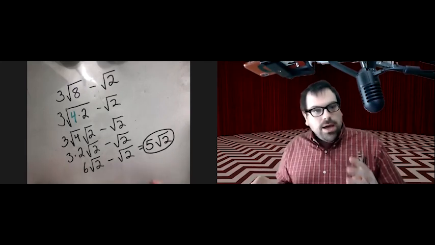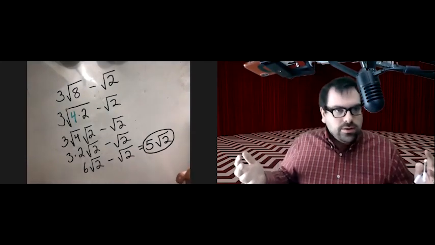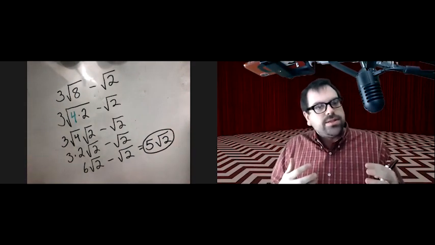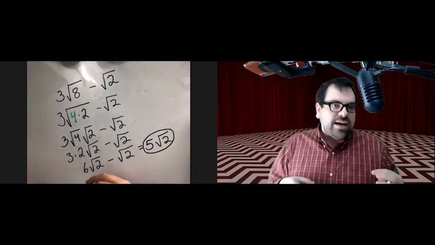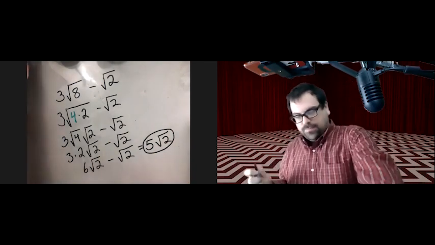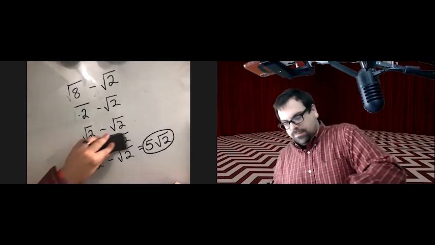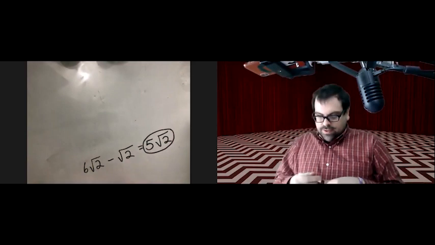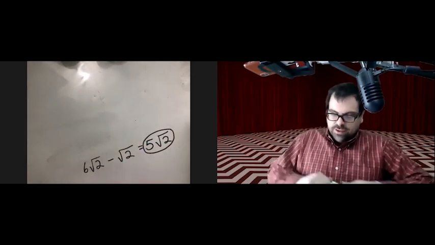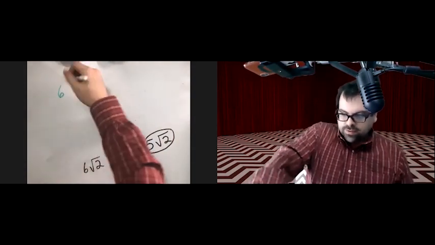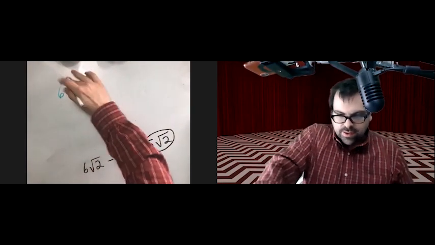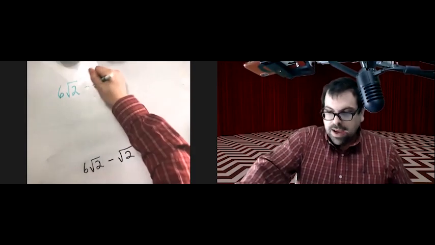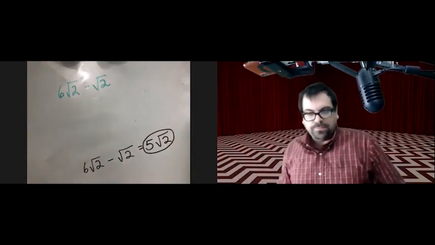But you have to keep in mind, in the context of where we are in the material, the last major thing we focused on before radicals was factoring. So let's take a look at this answer, this last step of 6 radical 2 minus radical 2.